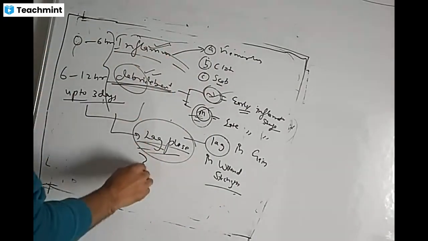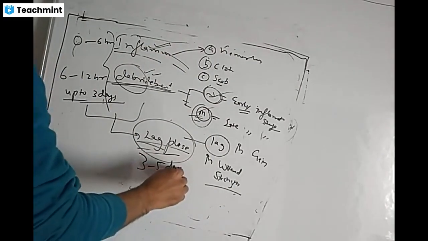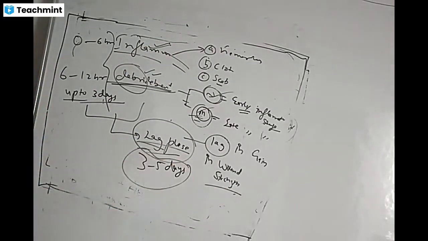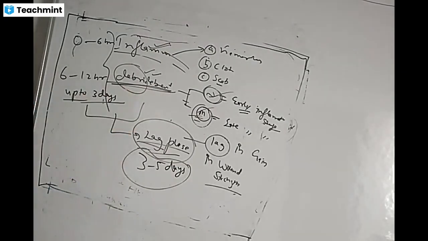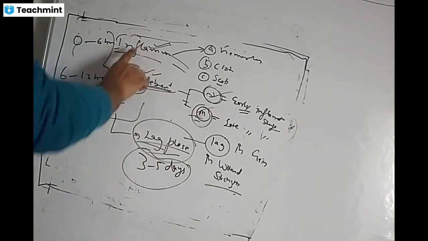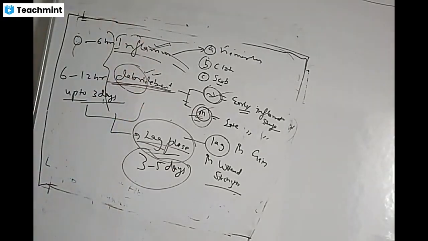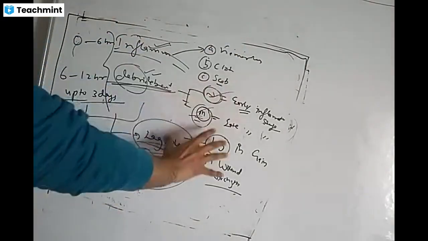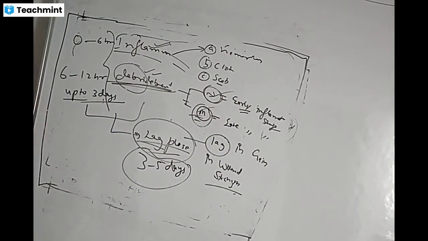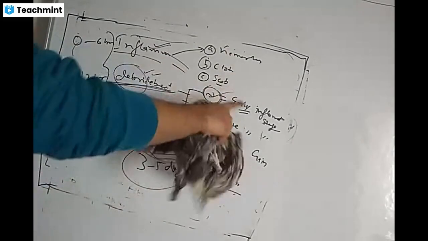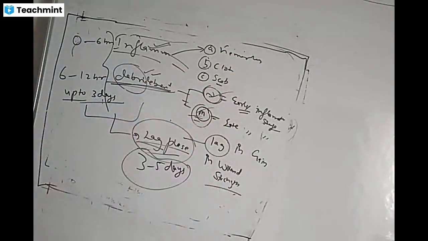And this phase is 3 to 5 days. There is a range because up to 3 days debridement will go. So these two phases make the lag phase. Lag means there is no strength in the wound edges because no collagen is deposited, only clot was there, and in debridement only clearing debris was there under the scab.